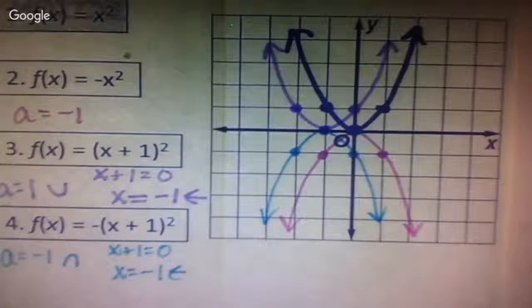And you're sitting there going, I don't know. But if you plug this into y equals and your graph pops up like this, how did it move from the origin? To the left and down.